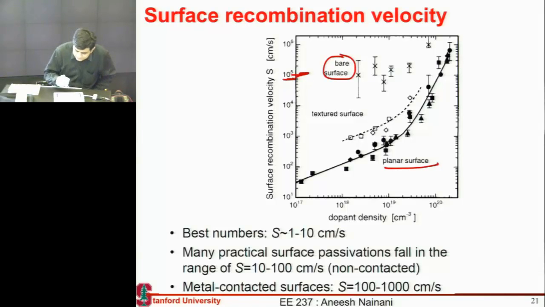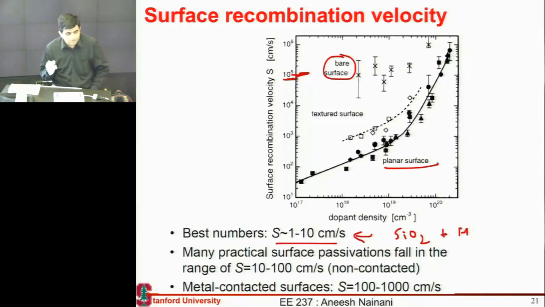The best numbers, which are typically obtained with thermally grown silicon oxide plus this hydrogen passivation, can lower the surface recombination velocity all the way to 1 to 10 centimeters per second. But on most common surfaces, the values you get are between 10 to 100. Most commercial cells get something between 100 to 1000.